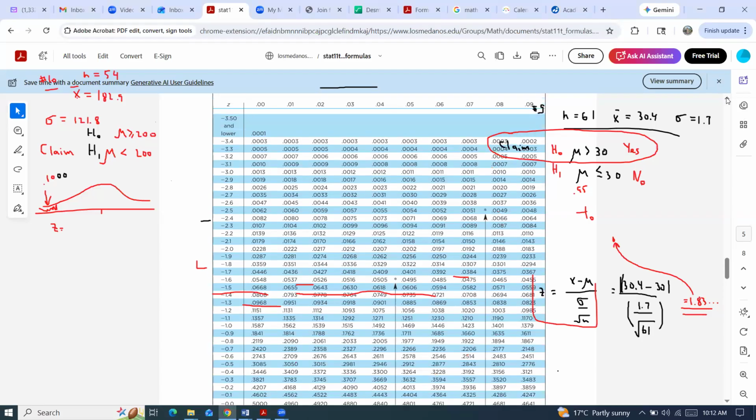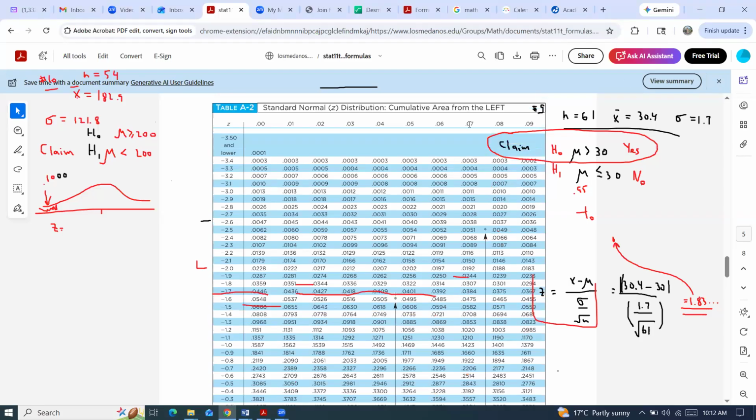Let me bring this down a little so I can see the column. The numbers I care about right now are here, in between 985 and 1003, and it looks like we are closer here to 0.8.